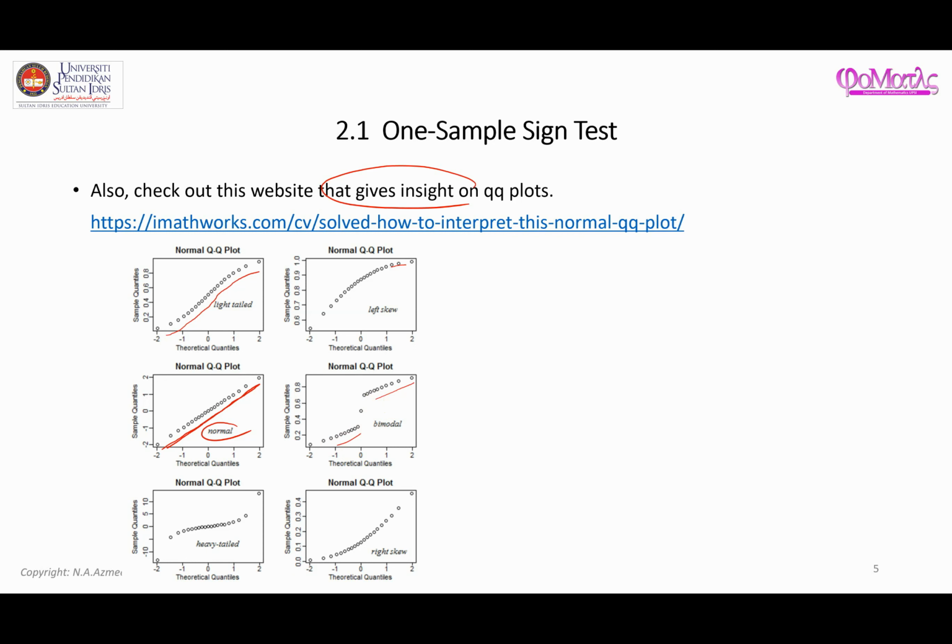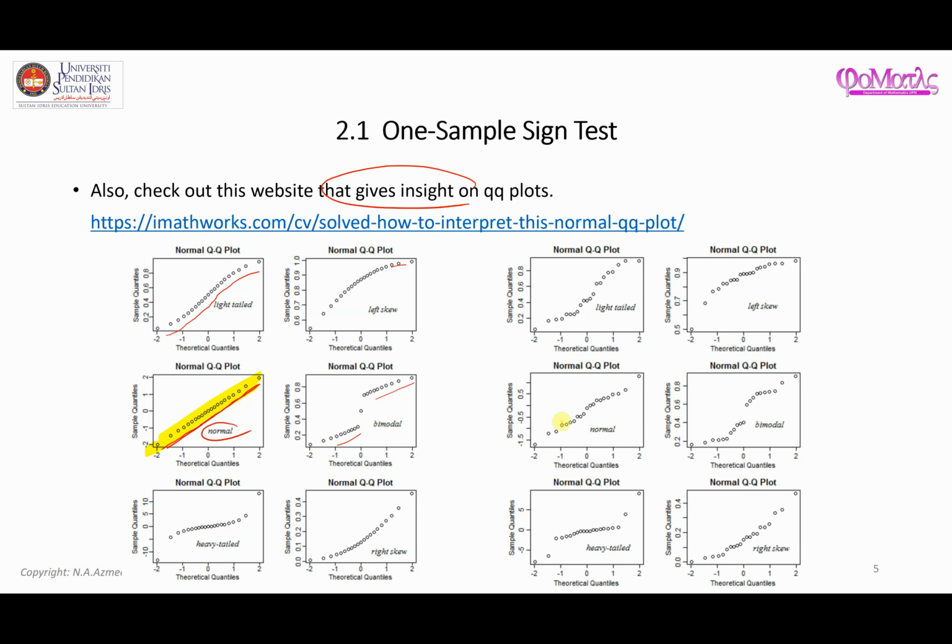However, when you collect your data set, it might not look as similar to the theoretical representation. So as an example, if you collect your data set, it might look like this. So this could be interpreted as data coming from a normal distribution. In practice, you cannot expect your data set to be lying on the straight line as perfect as this one, but there will be some sort of slight deviation over here, and it's okay.